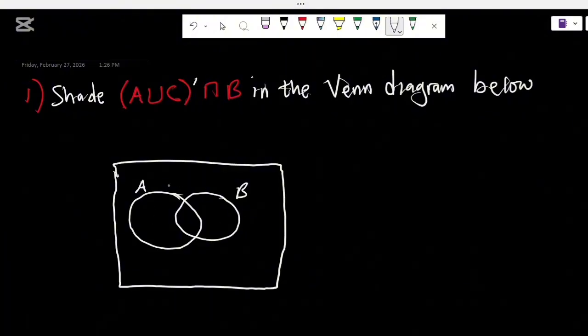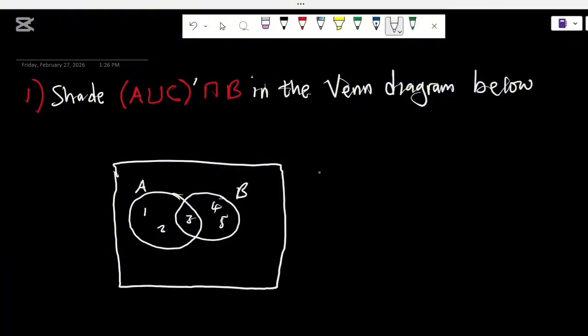So when it comes to shading the regions, if they ask you to find or shade rather A intersection B, it's very easy. All you have to do is you can make some numbers, for example, 1, 2, and 3, 4, 5.